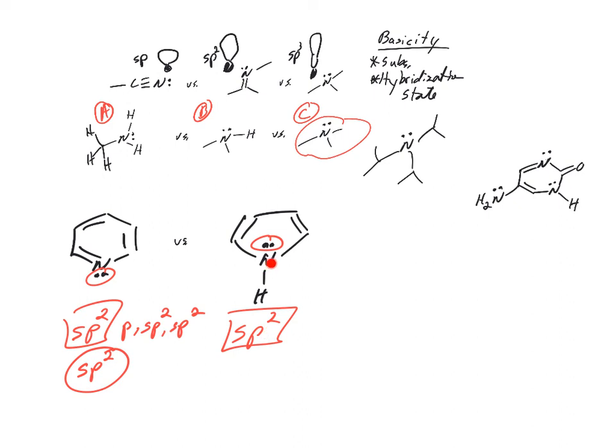Here, this nitrogen's also sp2 hybridized, so it has the same hybrid orbitals: a p, an sp2, an sp2, and an sp2. The question is, where is that lone pair? Notice how the other nitrogen doesn't have a pi bond, and this nitrogen is next to a pi bond. So it wants to do resonance. Things want to do resonance. So this nitrogen is going to choose to put this lone pair into a p orbital. When it does that, it's going to allow it to do resonance.